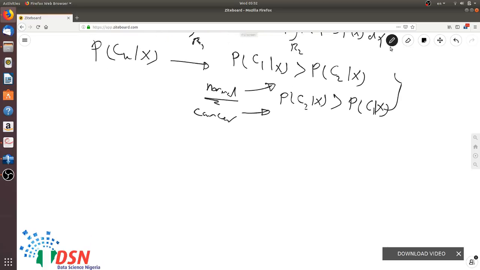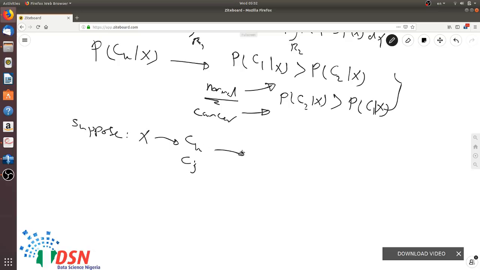Thus, in general, we can formalize it by introducing a loss matrix, or loss function matrix, or relative loss matrix. Let's say we have X, which is our input, and its corresponding class is C_k, but we assign C_j to that input.